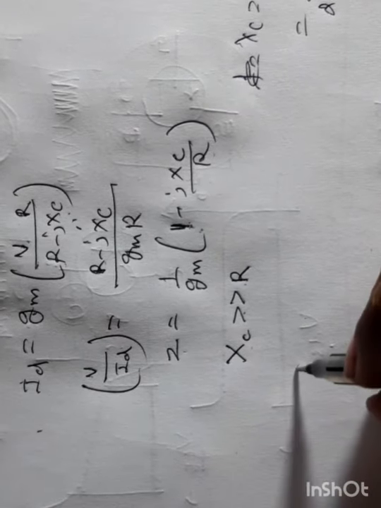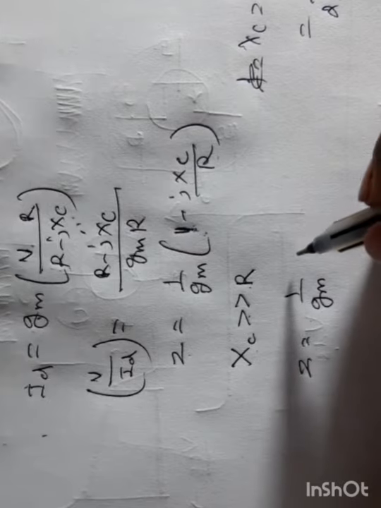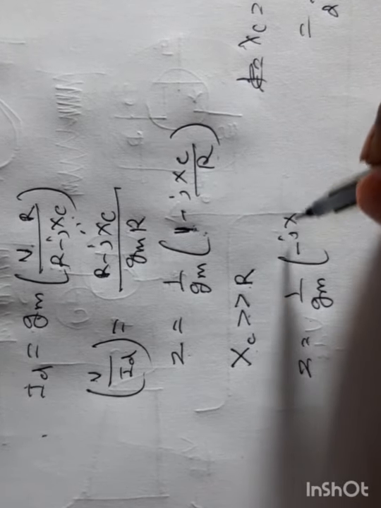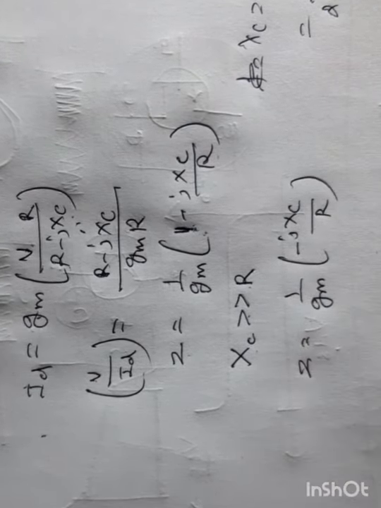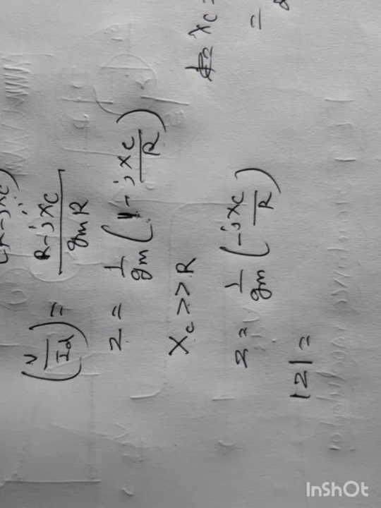In that case, the impedance Z is equal to 1 by Gm into minus jXc divided by R. Now, if I take only the magnitude instead of direction: the negative y-axis is capacitive reactance, the positive y-axis is inductive reactance, and the x-axis is resistance.